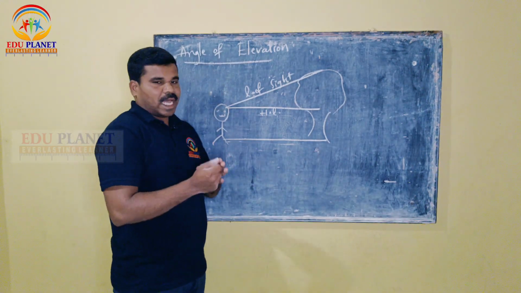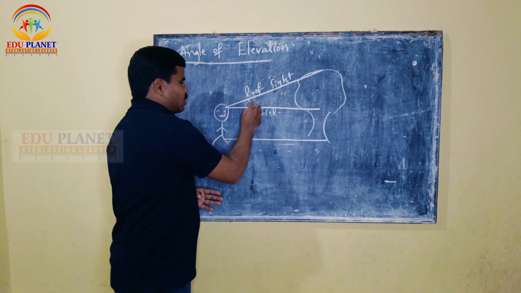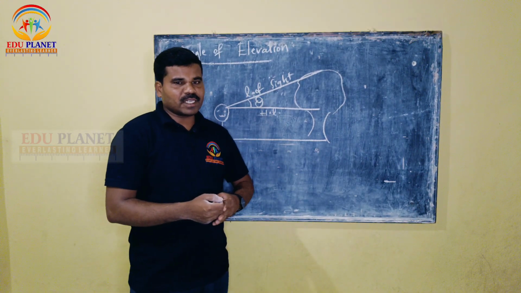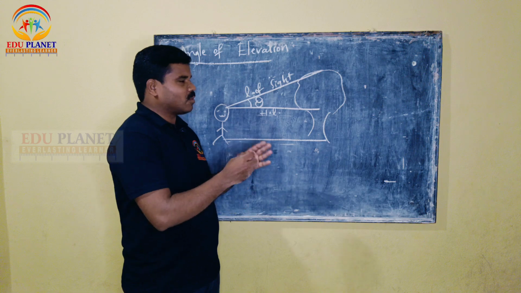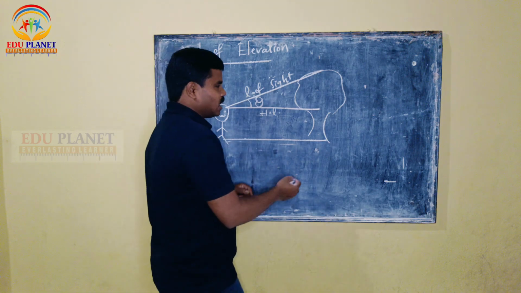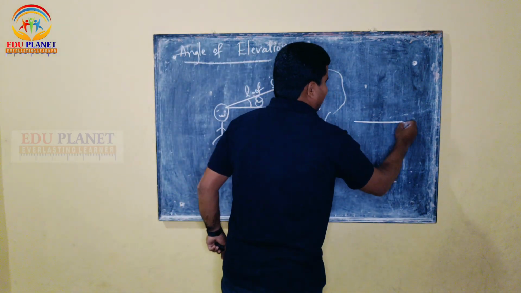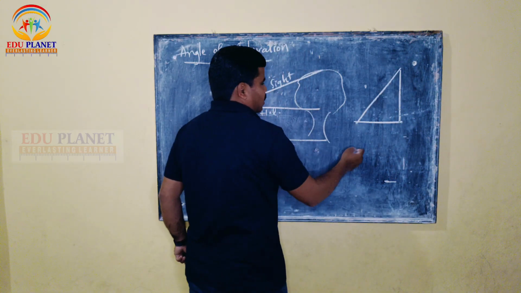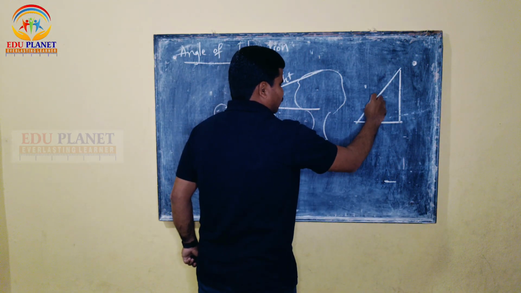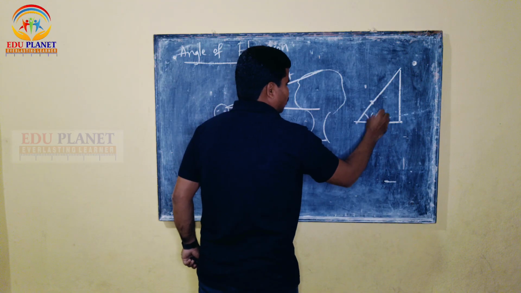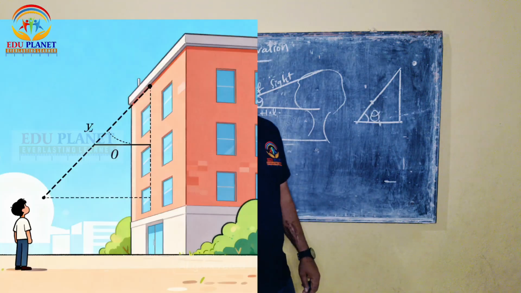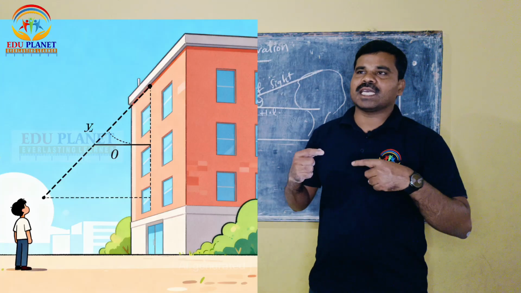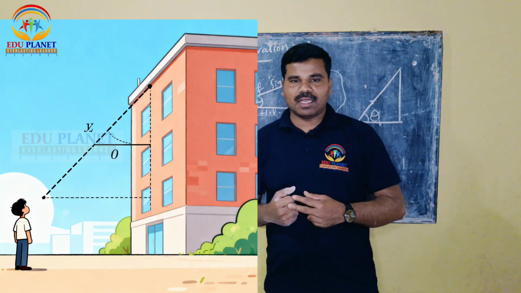So the angle between the line of sight and the horizontal line we call the angle of elevation. Geometrically, it would be the horizontal line, the height of the tree, and the line of sight. In simple words, angle of elevation is formed when we are looking up.